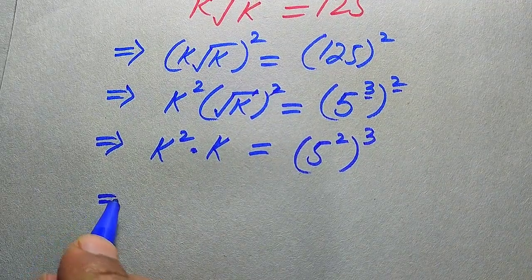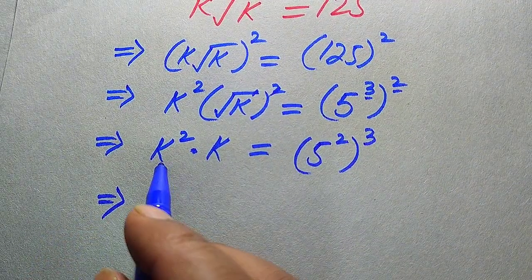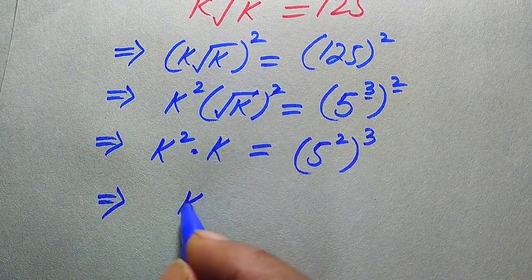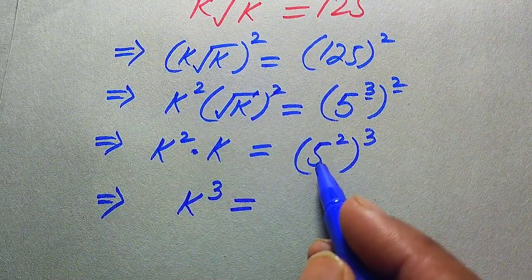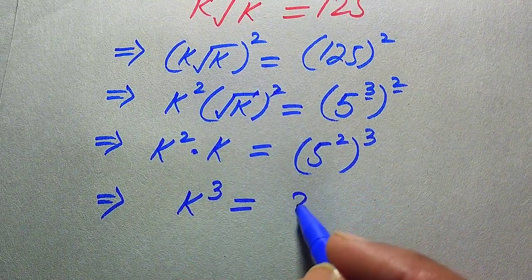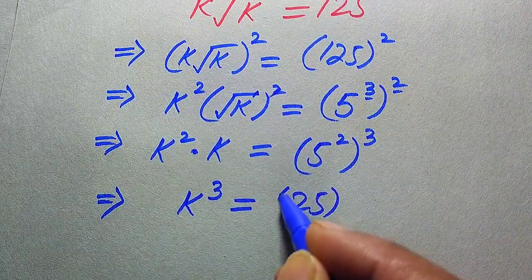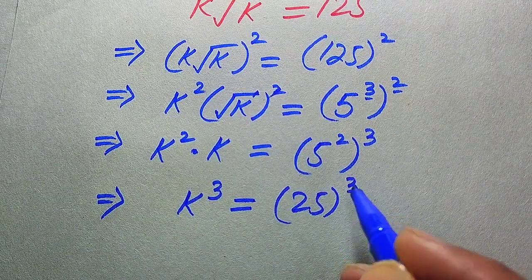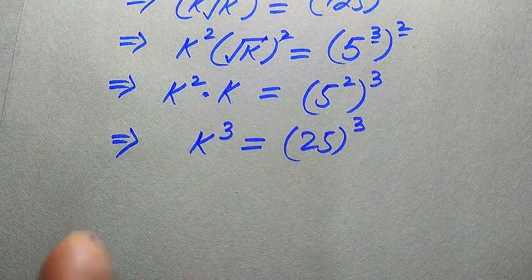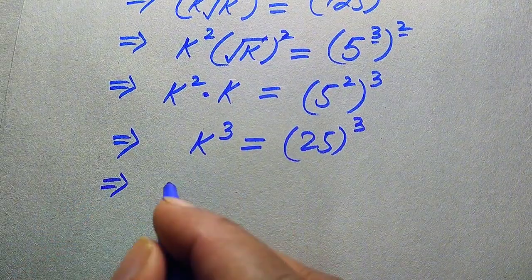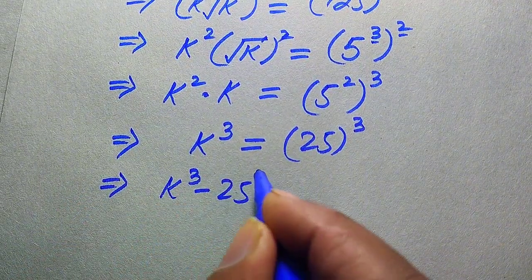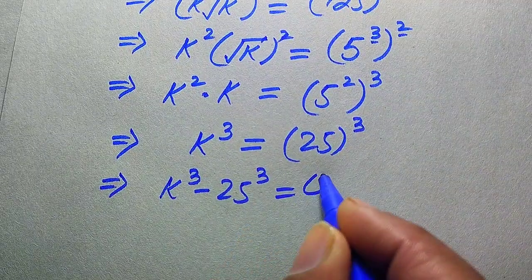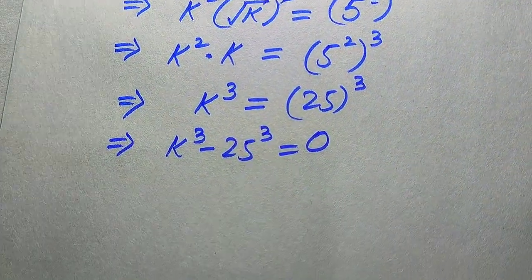And now further in the next step, we need more simplifications, and we get k square multiplied by k becomes k cubed is equal to, here we know that 5 square becomes 25 and its whole cubed. And in the next step, we move the term from right hand side to the left hand side, and it will be written as k cubed minus 25 cubed equals 0.